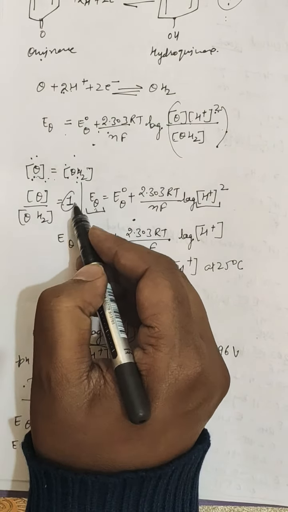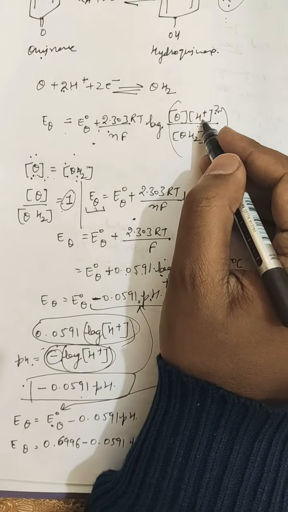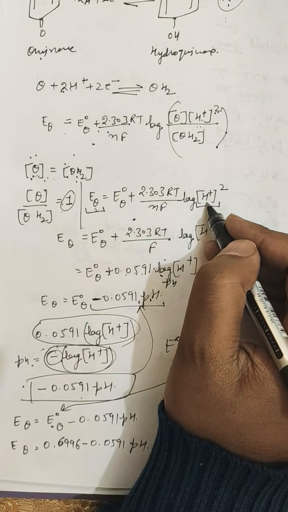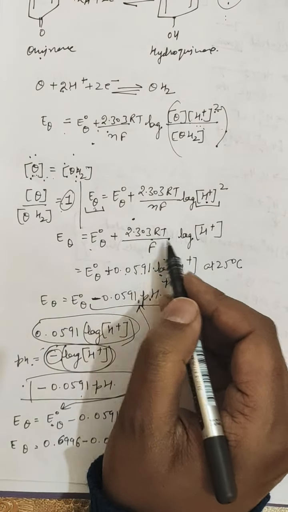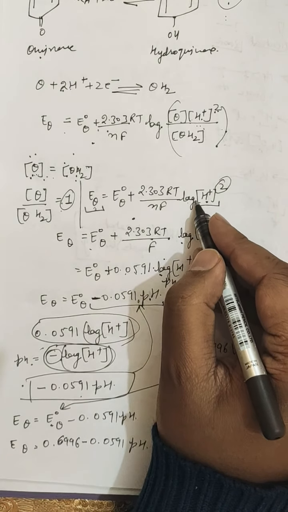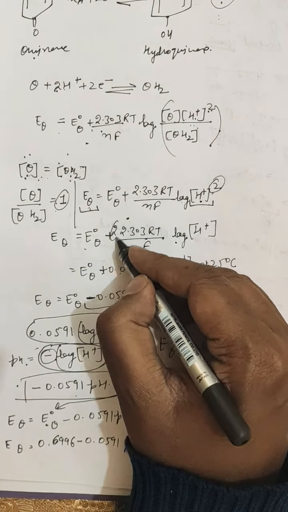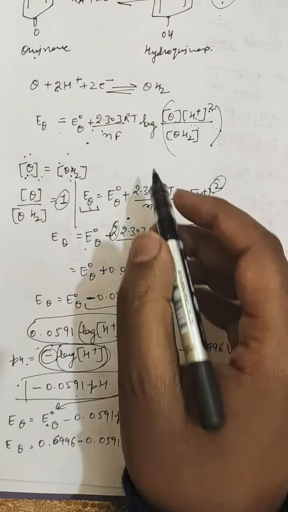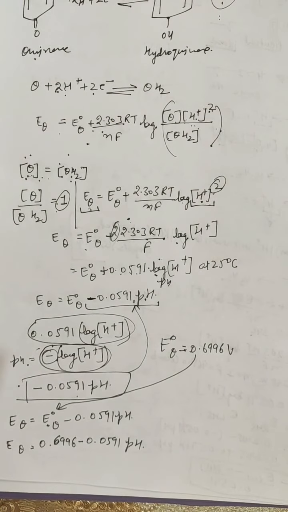So the whole thing is equal to 1, and there remains only this proton. Let me repeat here again, this square term, after writing in the log form, the 2 comes to the coefficient here, and this value of n was also 2 because there were 2 electrons involved in this reaction.